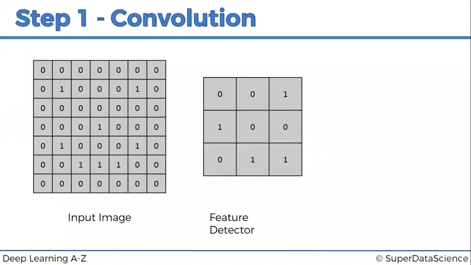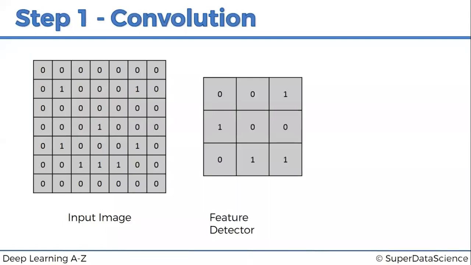So we're going to stick to the convention of having a 3x3 feature detector. These are important terms because you might come across them. There are many different terms for the feature detector, but the most common ones are feature detector, kernel, or filter. In this course, we're going to be using filter or feature detector interchangeably, but just bear in mind that it has those names.